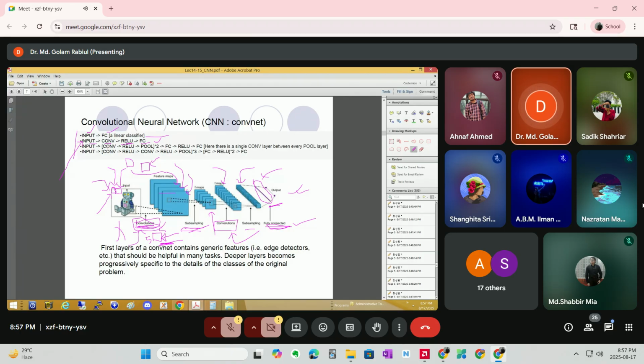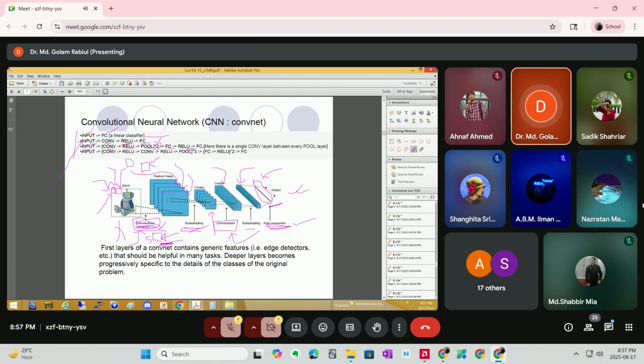So this is one kind of neural network. Someone can consider another kind of convolutional neural network, that is input and then convolution, then ReLU, and then pooling, two times. So convolution, ReLU, pooling, convolution, ReLU, pooling, two times, and then a fully connected layer, and then ReLU, and then fully connected again.